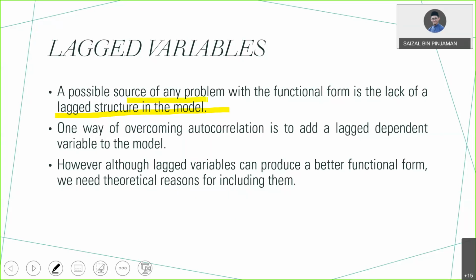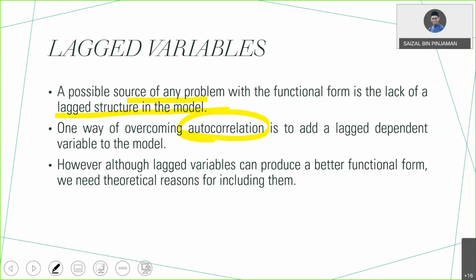One of the issues associated with failing to include the lag structure is autocorrelation or serial correlation. Autocorrelation is an issue where the error term in our estimation is non-random. What we mean by a non-random error term is that our error term in the current period is influenced by the error term in the lag values.